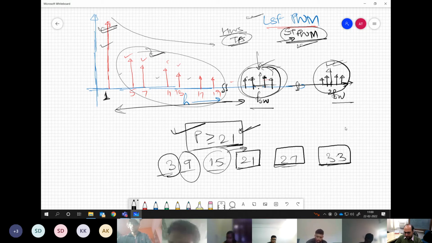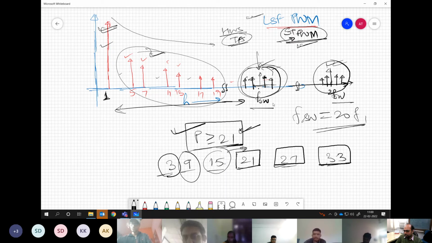We generally say that your switching frequency should be at least 20 times the fundamental, which means you have 20 switching cycles within one fundamental cycle. Anything lesser, you will have a mix of these two. Some harmonics may appear on the higher side on account of low switching frequency. So this boundary is a general understanding.